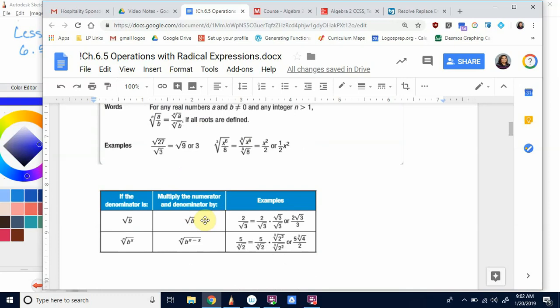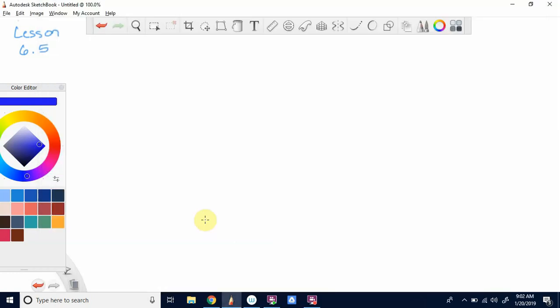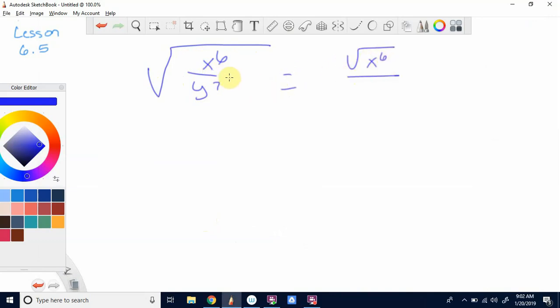So let's look at the examples they give us, for example 2a. They say simplify, and they have one radical sign with x to the 6th over y to the 7th. Well, y is not a factor of x. If the denominator is not a factor of the numerator, I'm going to separate them and simplify them separately. They have to keep the same index.